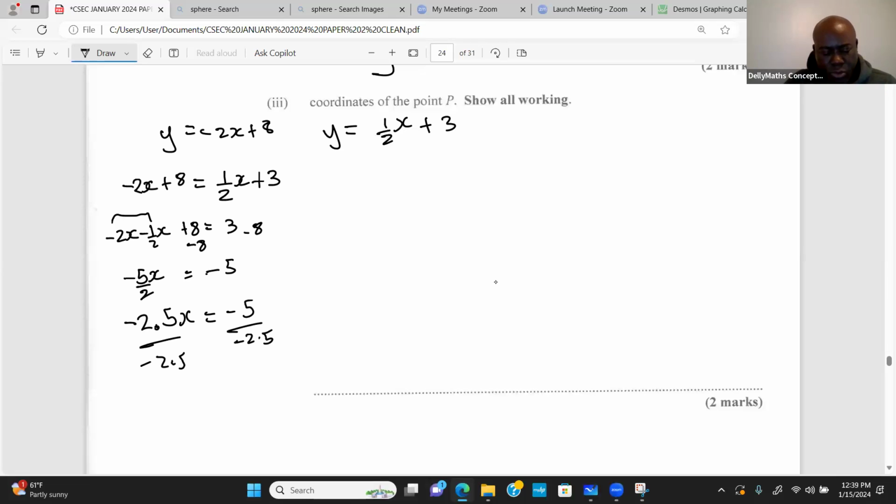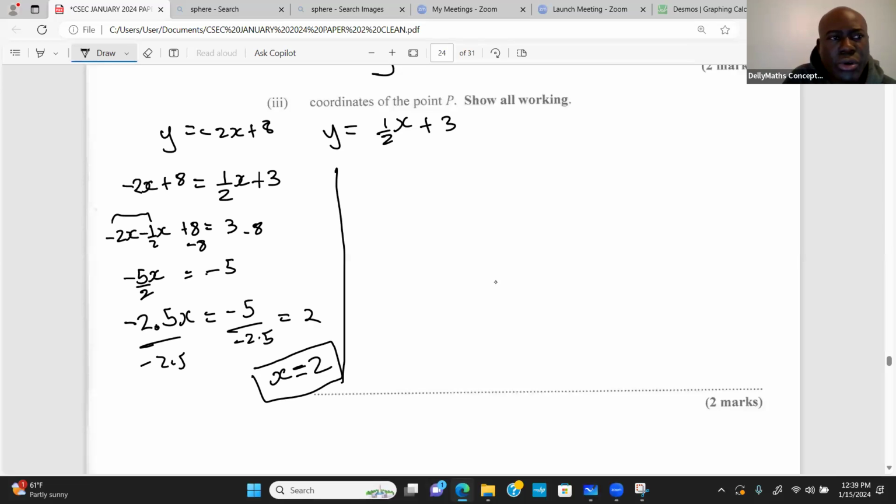So 5 divided by negative 2.5 is going to give us positive 2. So this is saying x is 2 right here. All right. So let me write this. x is 2.